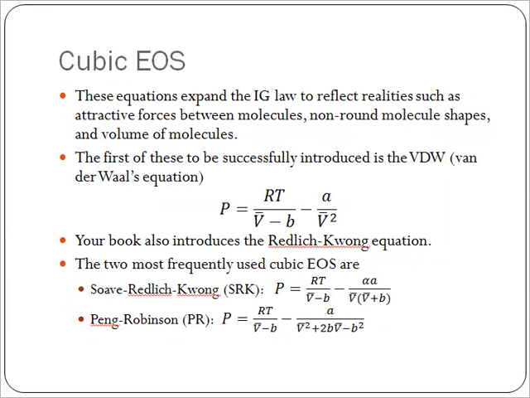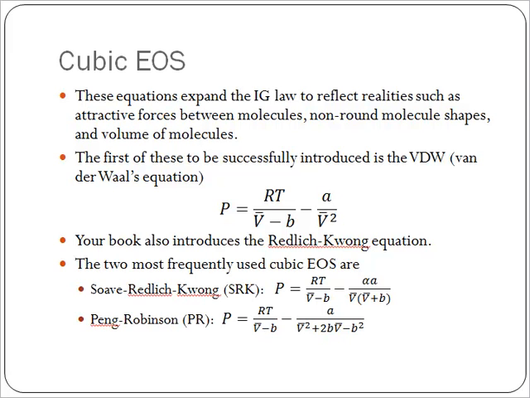The cubic equations of state are the ones that are probably most often used in simulation software. These are expanding on the ideal gas law to reflect the realities for why real substances are not ideal gases. So, for instance, one of the issues is that molecules are attracted or repulsed from each other. In an ideal gas, they just totally ignore each other.